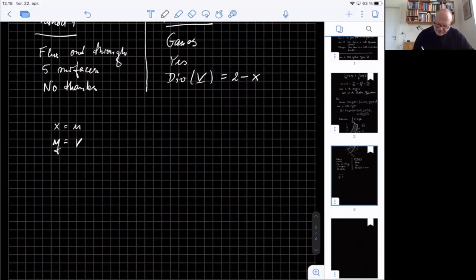And here u is in the interval from 0 to 3, and v is in the interval from 0 to 5.